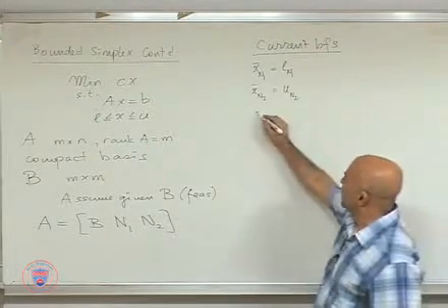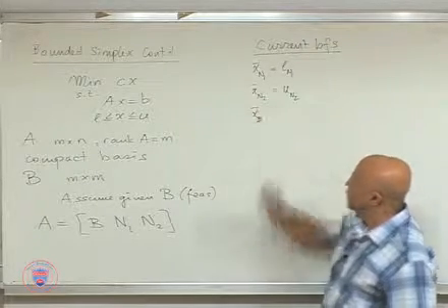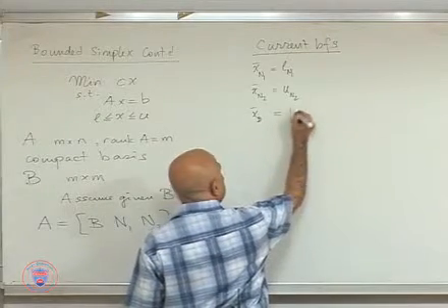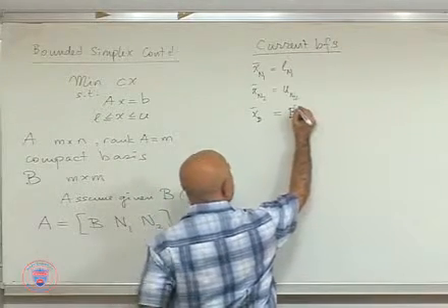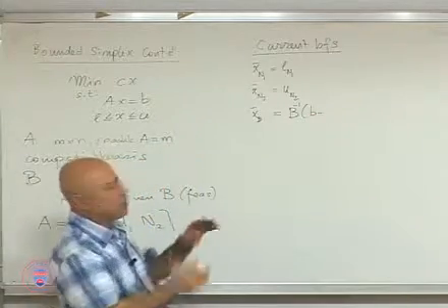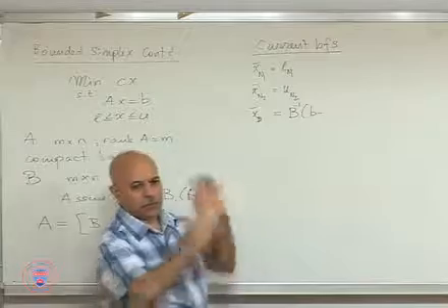And finally, xB is obtained by simply solving the system Ax equals b by moving the variables that are set equal to lower or upper bounds to the right side.